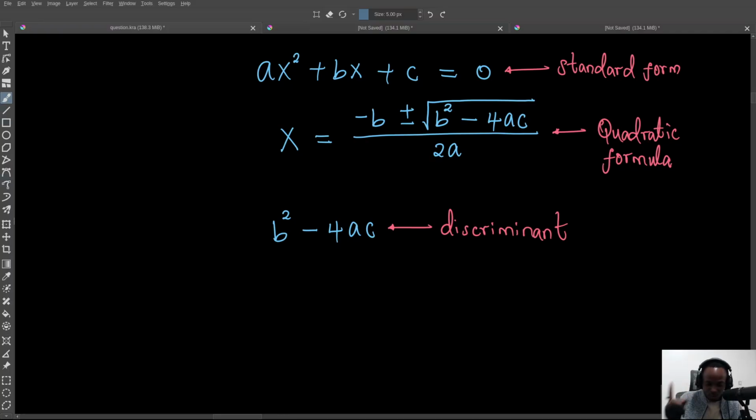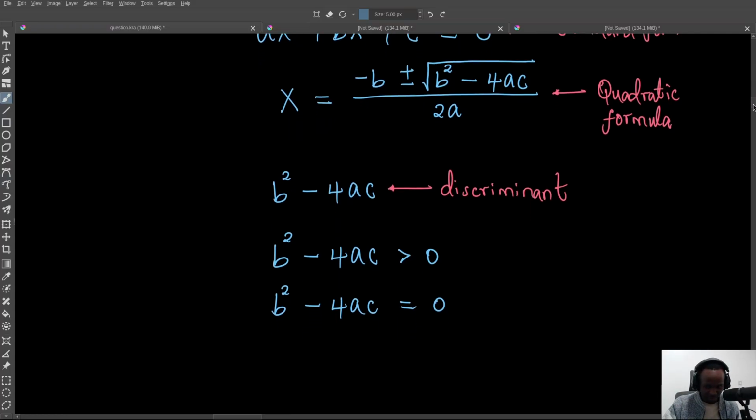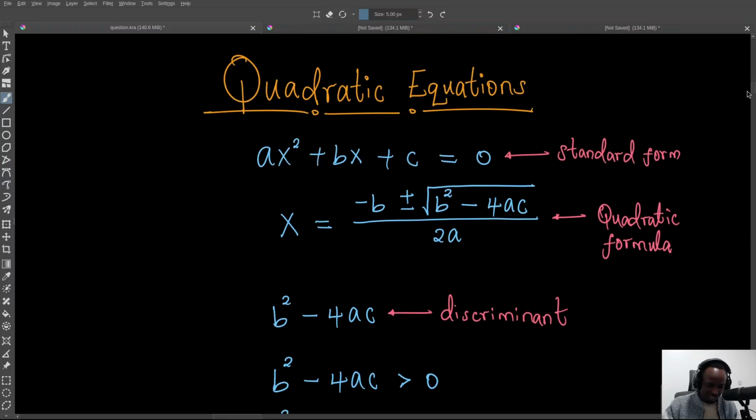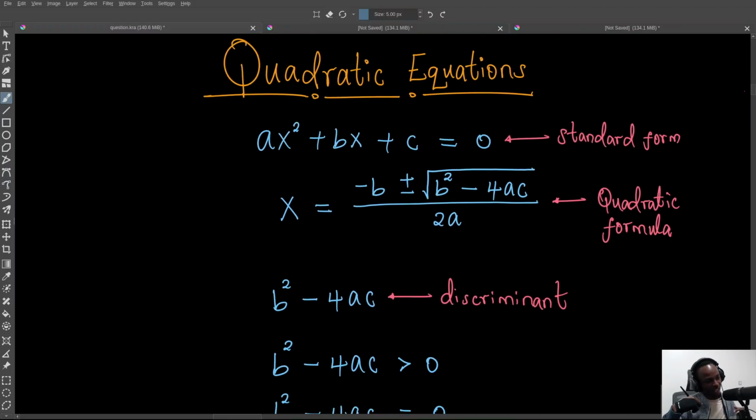I want you to consider a case where b squared minus 4ac is greater than 0, and then a case where b squared minus 4ac is equal to 0, and finally another case where b squared minus 4ac is less than 0, because those determine whether the quadratic equation has real solutions or imaginary solutions.